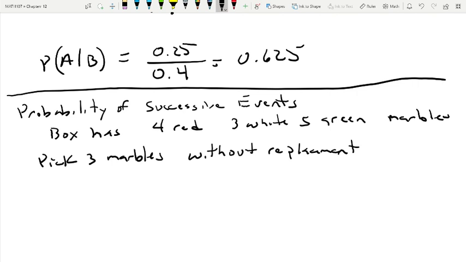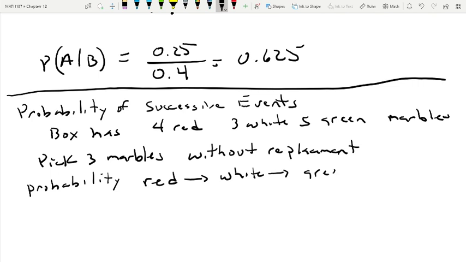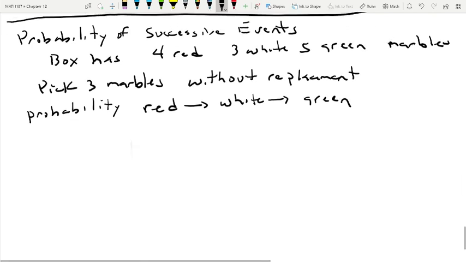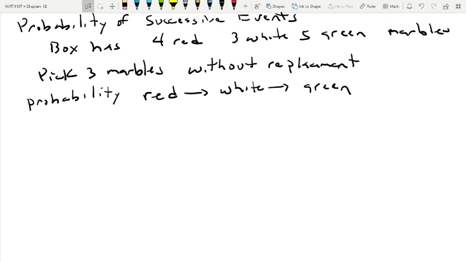And I want to know what is the probability we get a red followed by a white followed by a green. So the probability of getting the red one, well, there's 12 marbles in the box altogether, so this is going to be 4 out of 12. Right?